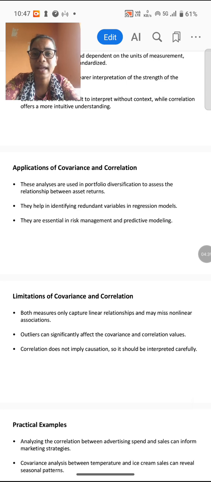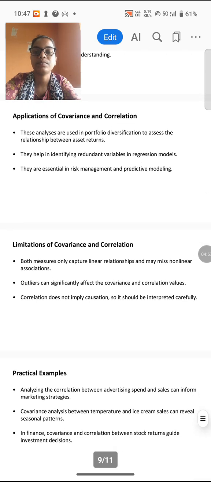In healthcare, they are used to identify heart diseases and lung diseases, meaning how smoking and lung diseases are related to each other, and how blood pressure and heart are related to each other. This is about the applications of covariance and correlation.